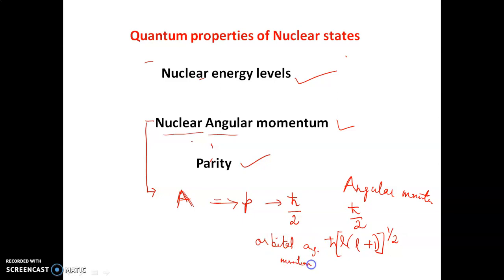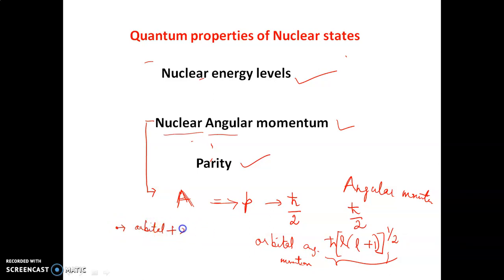So with each and every nucleon we'll have a quantity like this, and then we'll also have a spin quantum number with each and every nucleon.